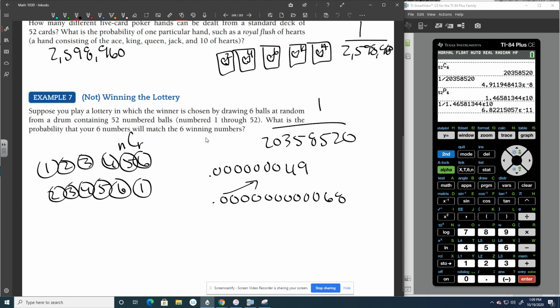But if it wants to know what's the probability of something happening, you've got to figure out the number of ways it could happen, and then the one would go on top, okay? What's the probability of winning out of this many different things happening? You've only got one chance of winning out of all the possible chances.